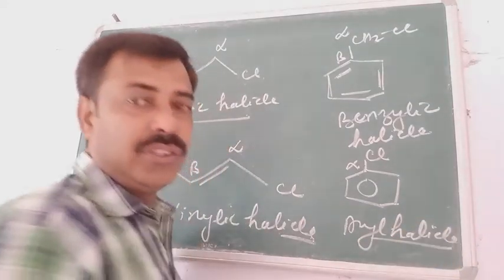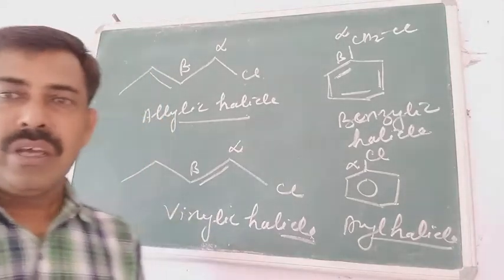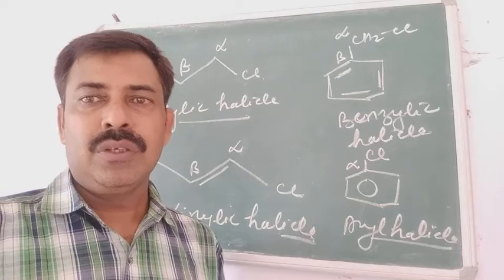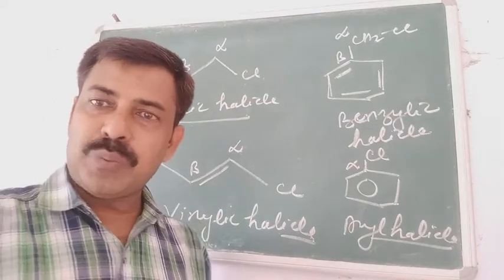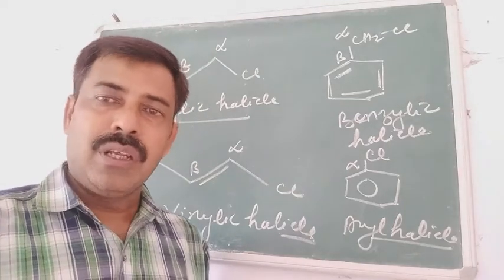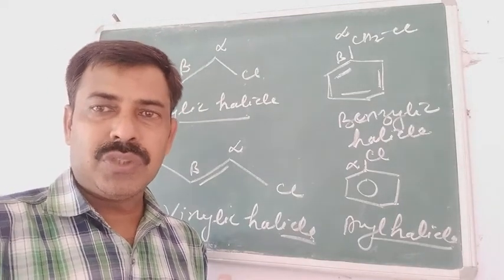This is the general classification of the halides on the basis of the position of the halogen with respect to the double bond. These are the four different types of halides which you will have to study.